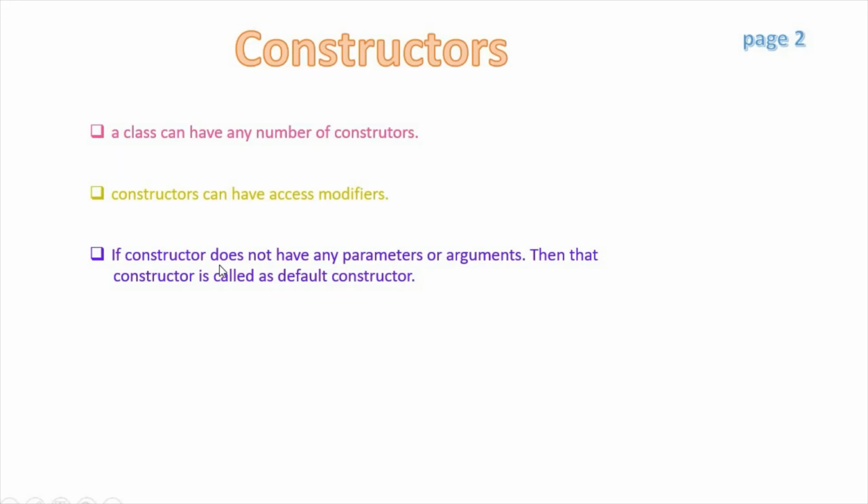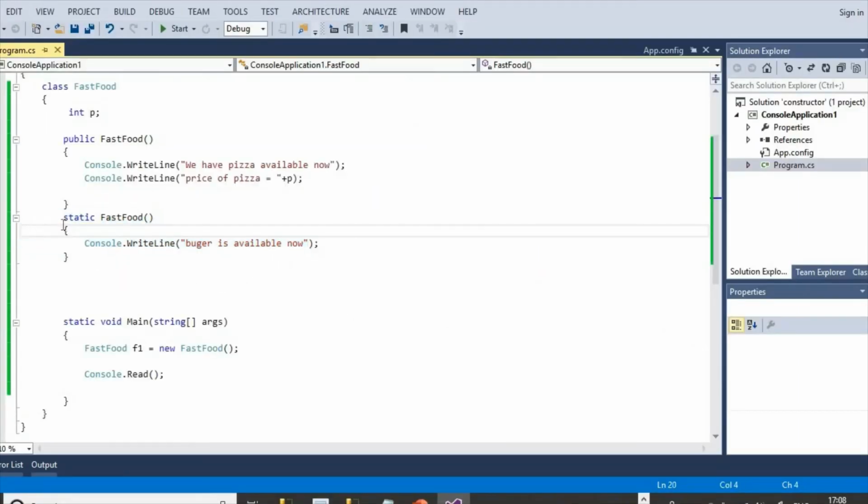If a constructor does not have any parameters or arguments, then that constructor is called a default constructor. First we remove this static constructor.